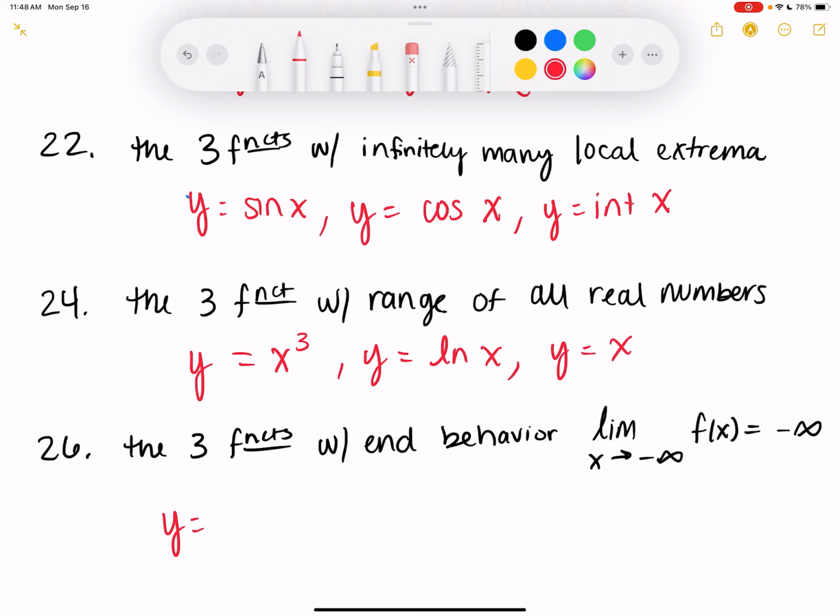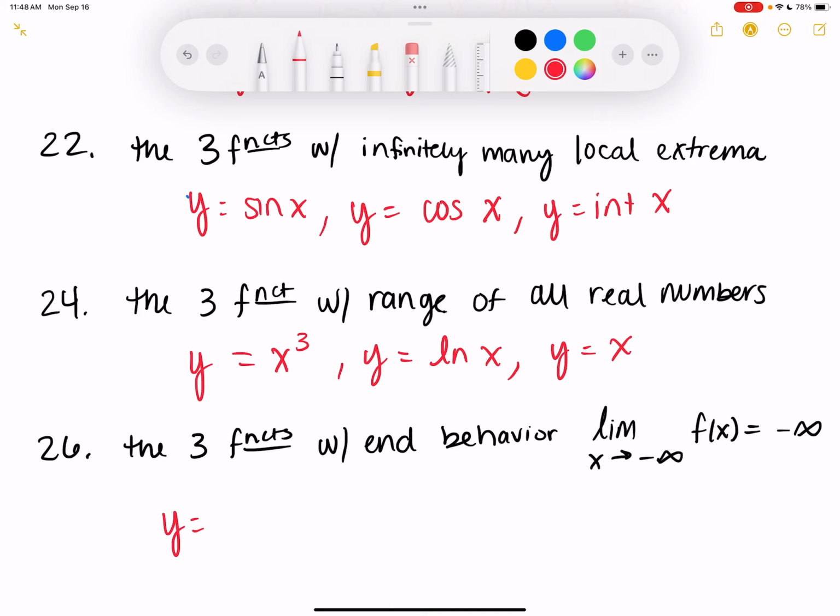So look for the one that as x is going to your left, y is going down. No. x cubed. X cubed is one because as x is going to the left, the y value is going down and it would go down to negative infinity.